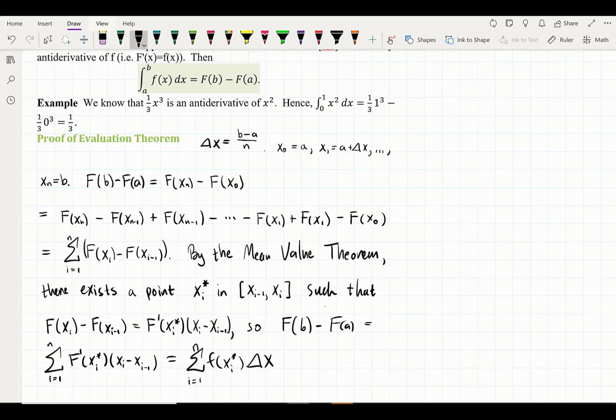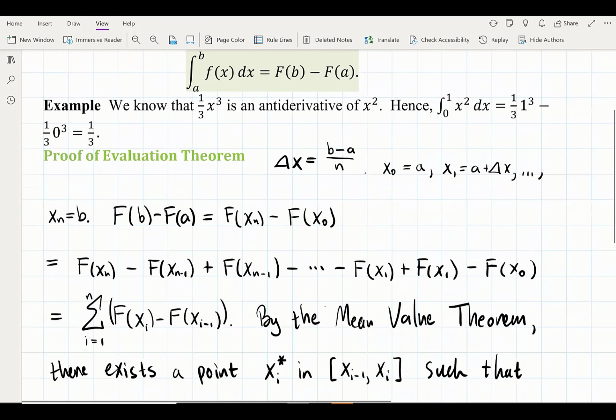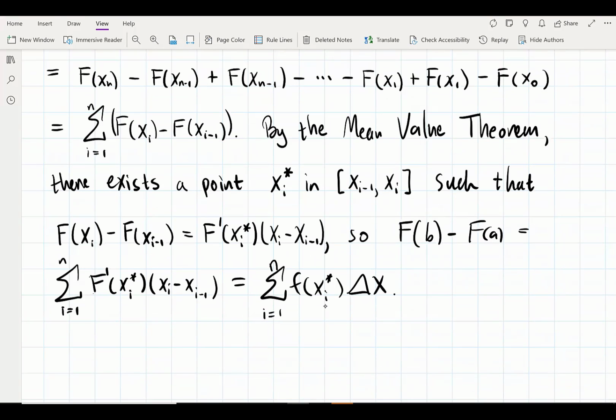So if I let n go to infinity, one side of the equation doesn't even depend on n.